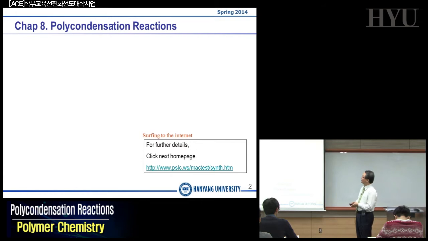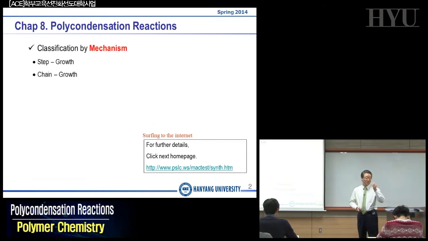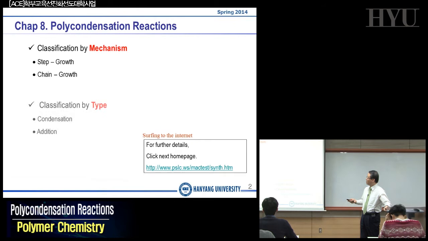So let's talk about the classification of the polymerization reactions, first by mechanism, where step-growth polymerization and chain-growth polymerization can be different depending upon the polymerization mechanisms. So we will talk about this.